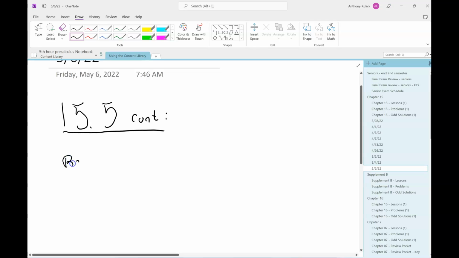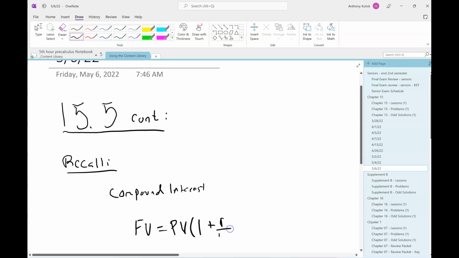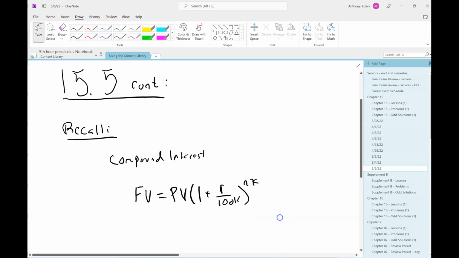So, recall in the previous class, we talked about our compound interest formula. Right, everybody kind of remembers this.